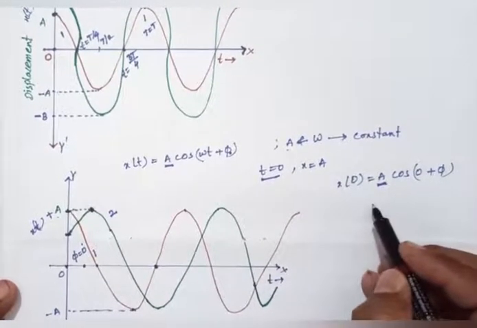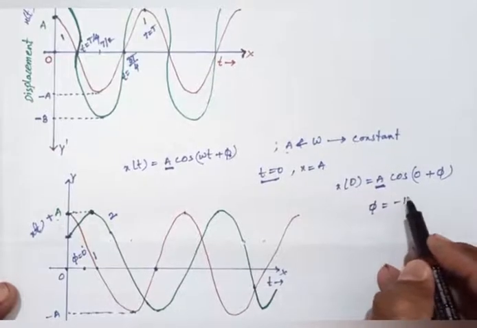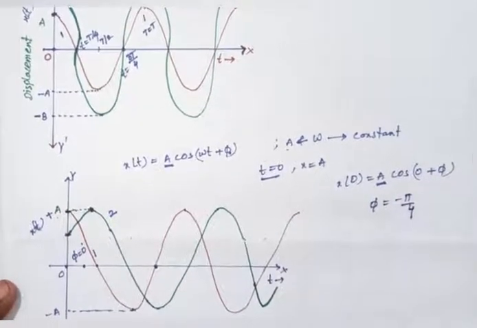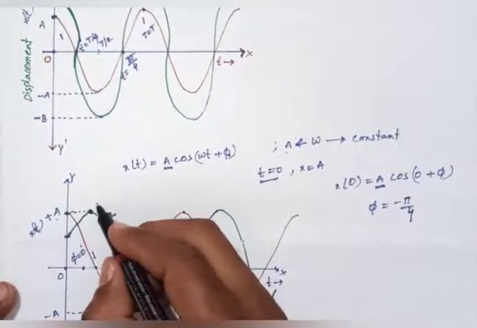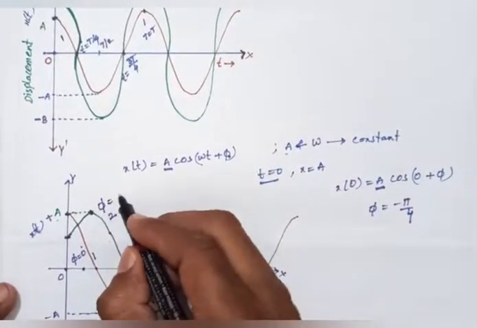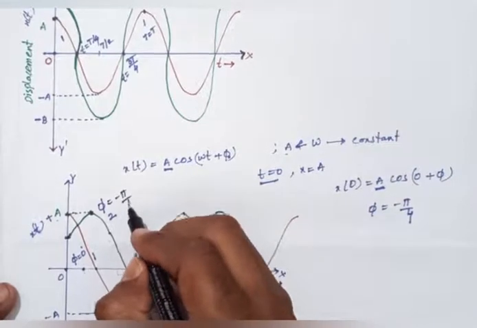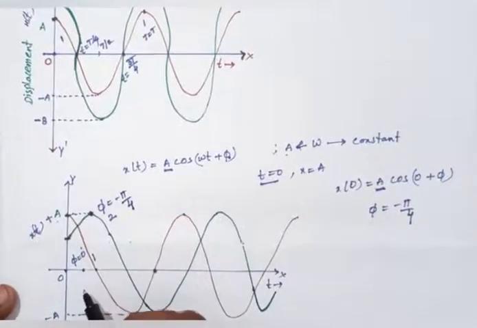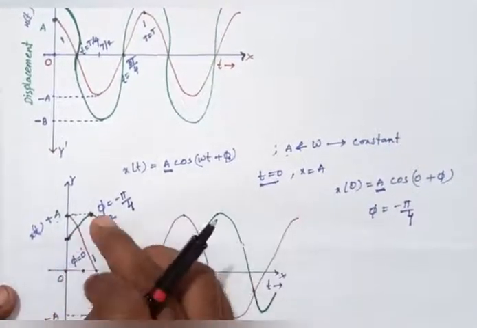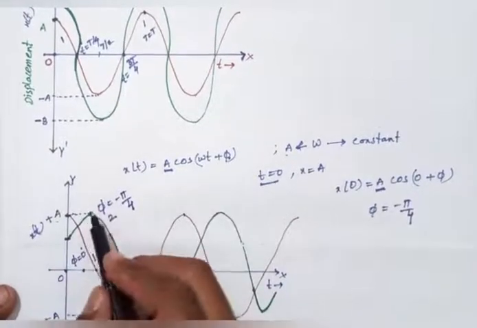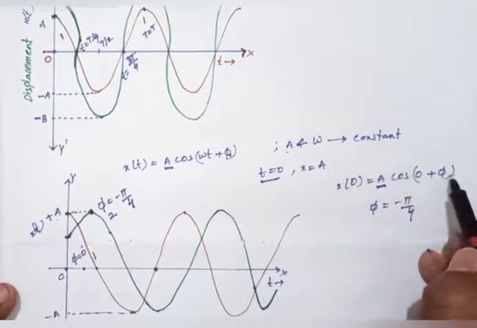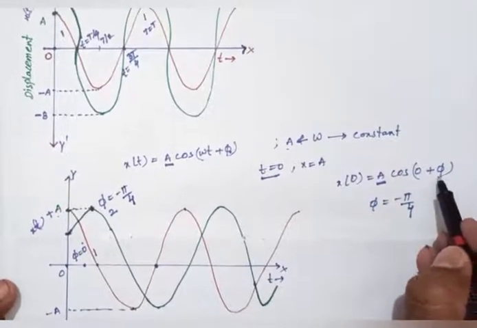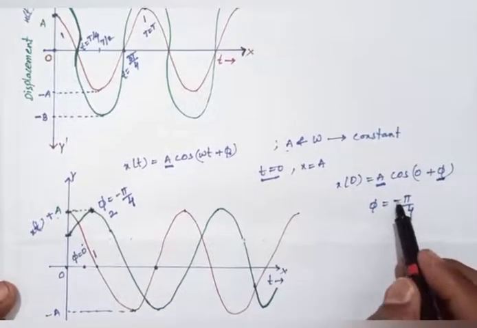So phi equals minus pi by 4, the phase angle. At plus pi by 4 it is the maximum amplitude. So the value is phi equals minus pi by 4.